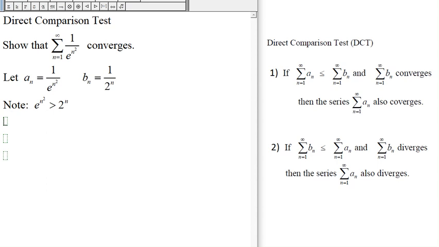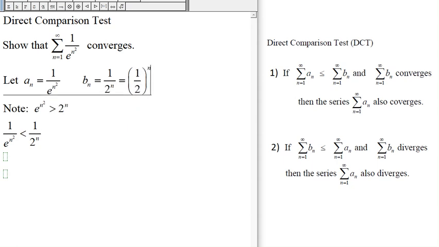And then if we do the reciprocal, 1 over e to the n squared will be less than 1 over 2 to the n. And notice here that this is the same as this, 1 over 2 to the n. And so we have come up with a b sub n.